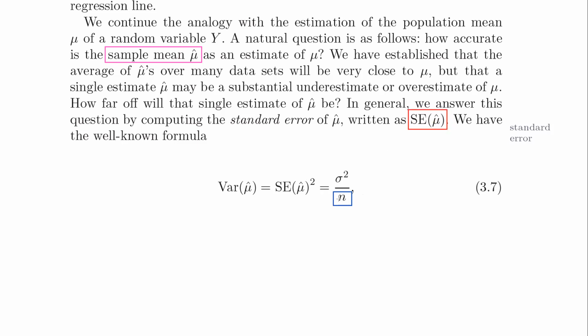The higher the n, the lower the standard error, right? You have more data. The way we're defining standard error, it is inversely proportional to the number of observations. It's directly proportional to what? To this sigma squared. Now, what on earth is sigma squared?